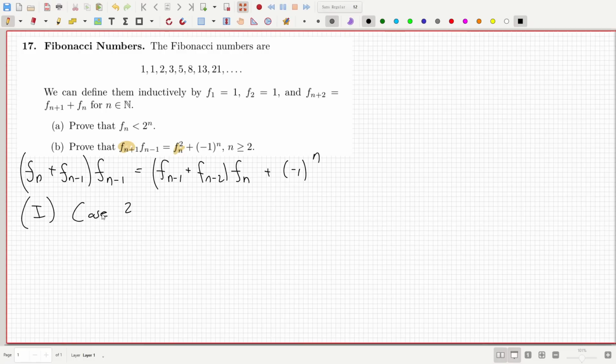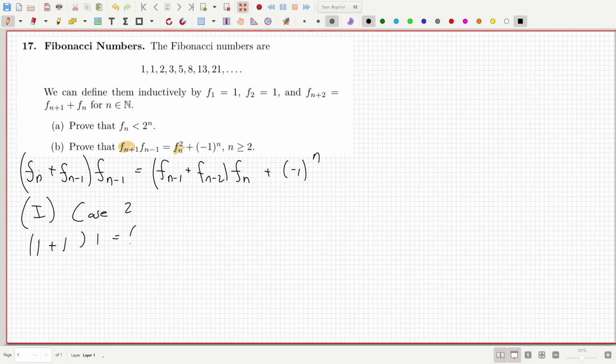So we start off with the first one, case 2. So that's F2, which is 1, plus Fn minus 1. So that's F plus 1 times 1.